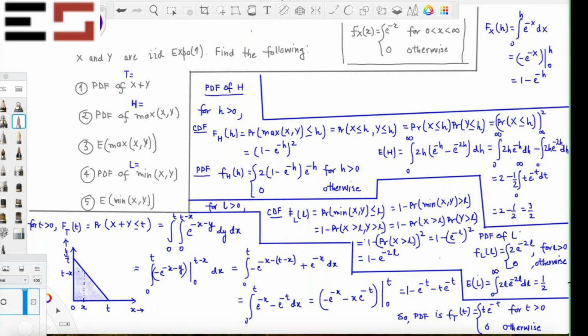Okay. And notice that L is exponential too. So basically, if X and Y are IID exponential 1, then min XY is exponential 2.